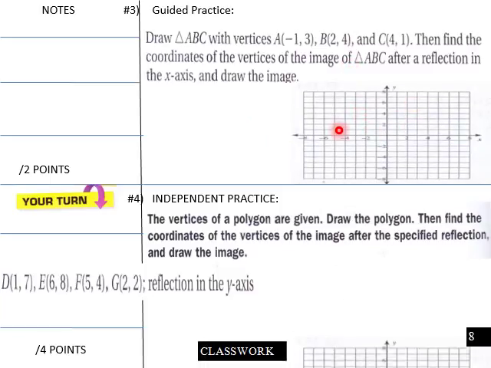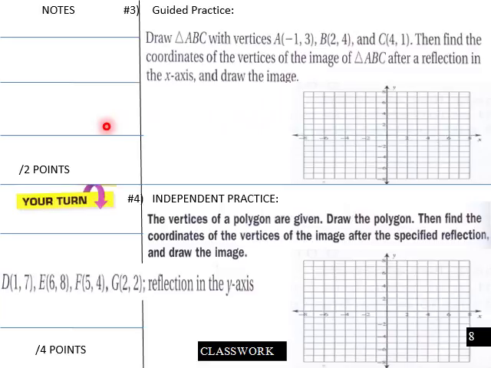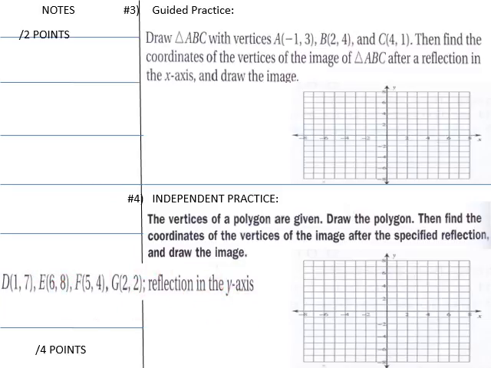We have it in our video, but you would also get that in your class worksheet. So we draw these, then find the coordinates of the vertices of an image after reflection in the x-axis, and then draw the image. And this down here, students, will be reflected in your y-axis.